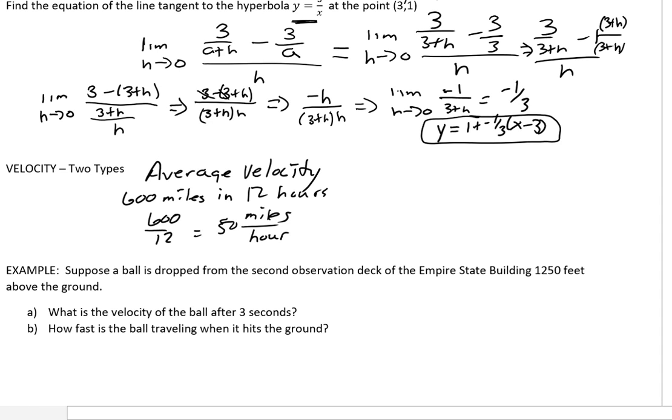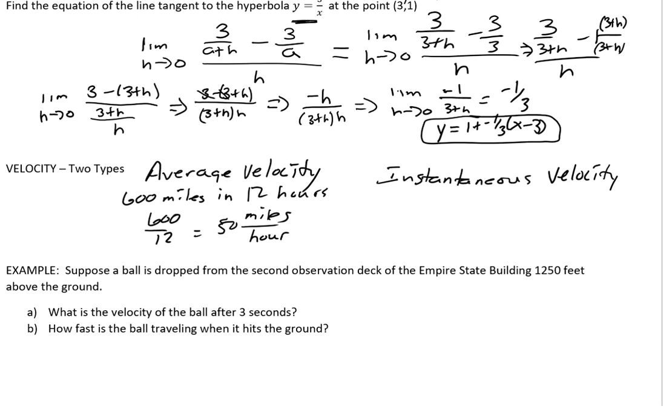There's an instantaneous velocity. An instantaneous velocity is what you see on your speedometer when you're driving your car. That is your instantaneous velocity.